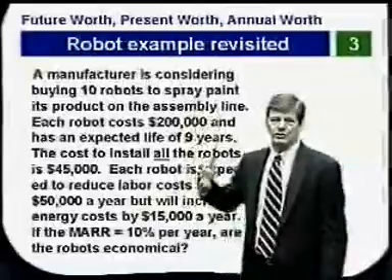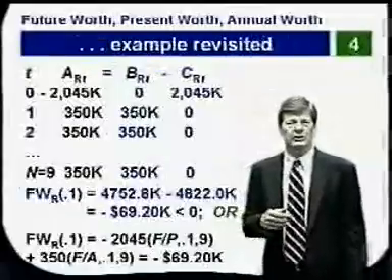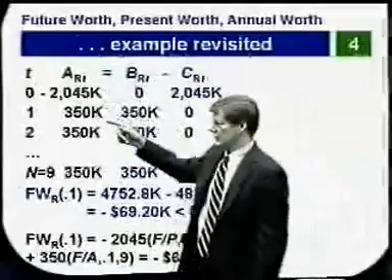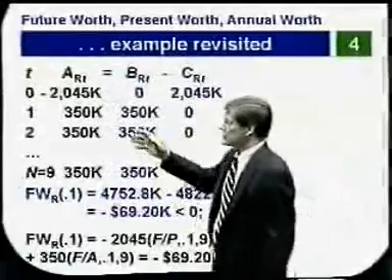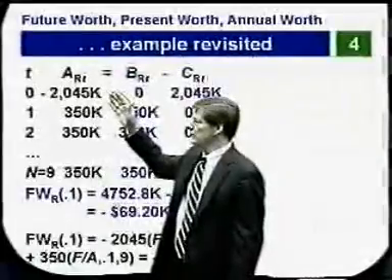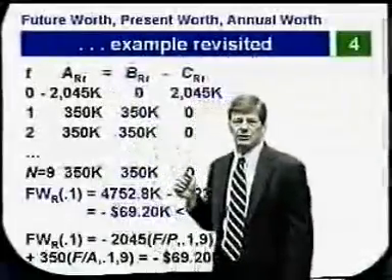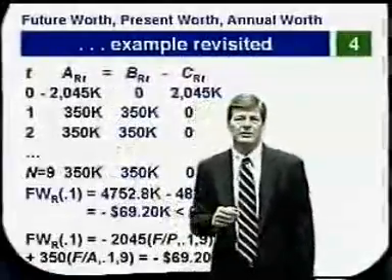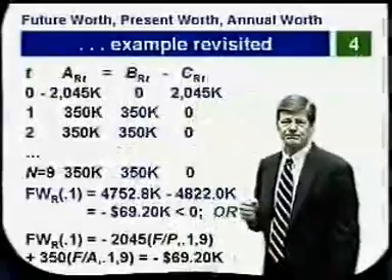Again, what we need to do is to translate this problem statement into its net cash flow series, which would be represented this way. That is, the decision before us is: is it worth spending $2,045,000 to save $350,000 each year for the next 9 years?